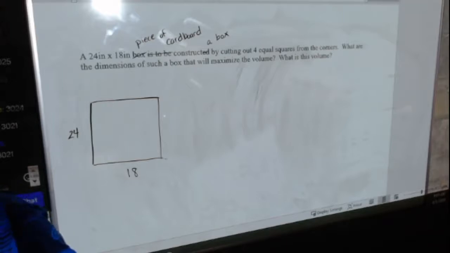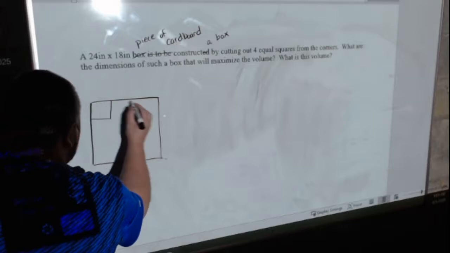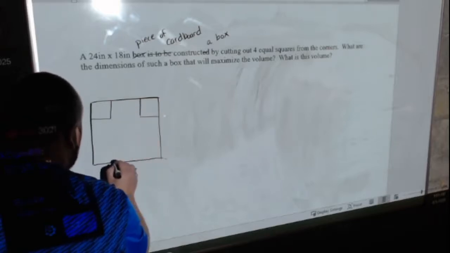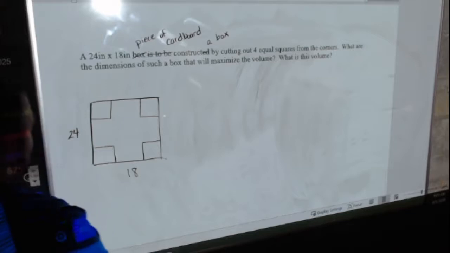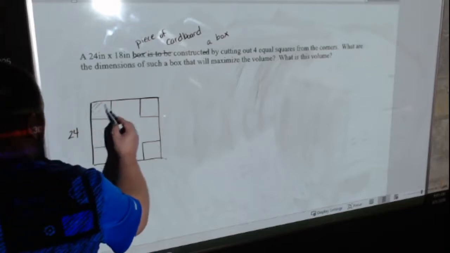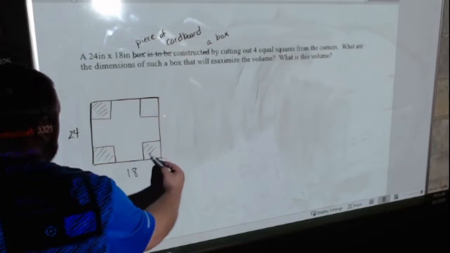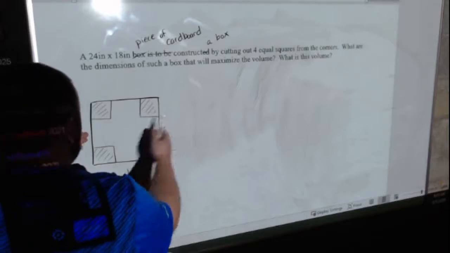I'm then going to cut 4 equal squares from each corner. So if you think about removing these pieces, then you could fold these two sides, right?